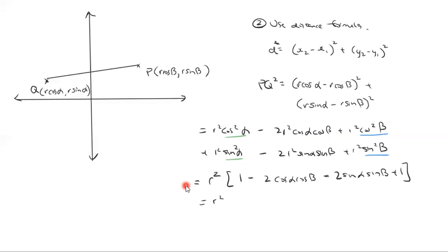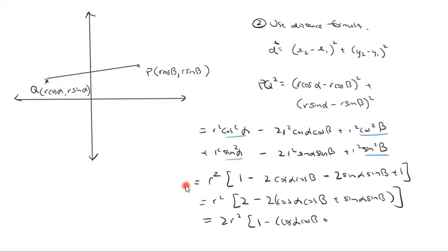In other words, it's going to be r squared 2 minus 2 cos alpha cos beta. And I'll deliberately take out the negative 2, so this will become plus sine alpha sine beta. In other words, I'm going to have 2r squared 1 minus cos alpha cos beta plus sine alpha sine beta. Does that make sense? Yeah. Happy with everything? Yes. All good.